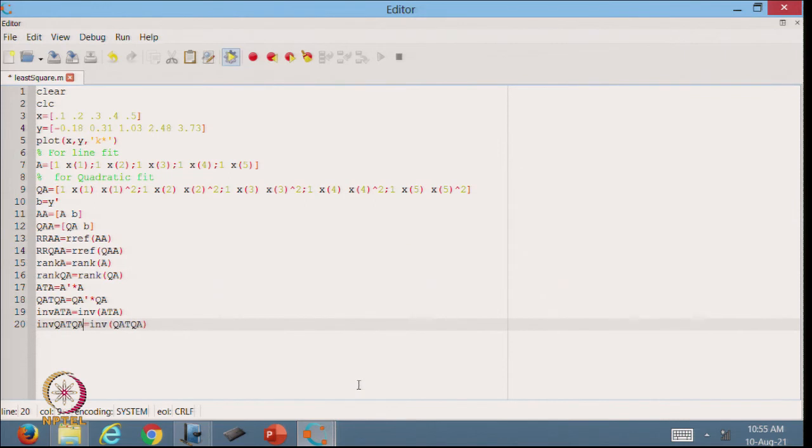So, let us try to run this one and see if we have made any mistake.